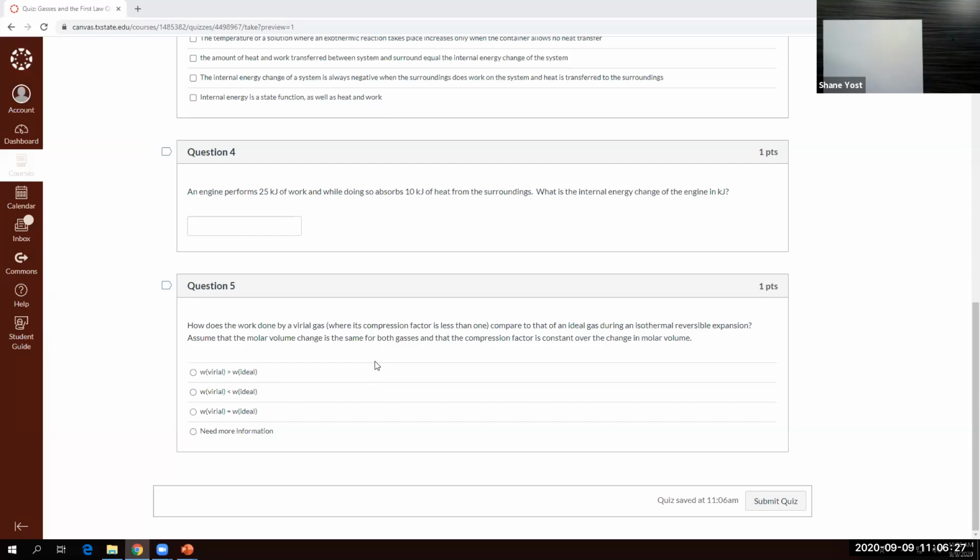Assume that the molar volume changes are the same for both gases, and that the compression factor is constant during this entire time. So how does the work of a virial gas compare to that of an ideal gas? Can I compare them, or do I need more information to be able to do it?